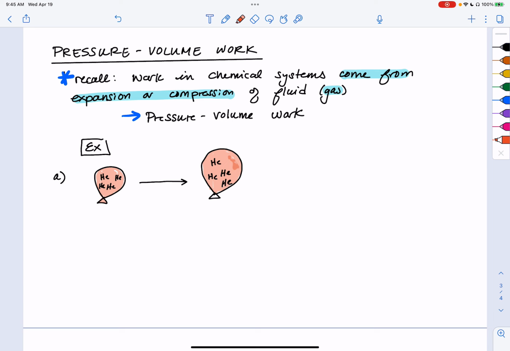Let's think about what's going on with this process here. This balloon expanded, right?